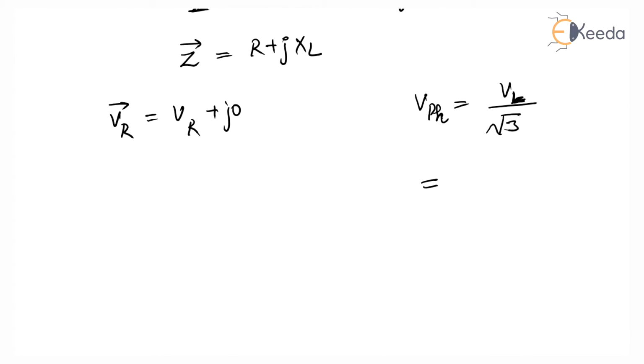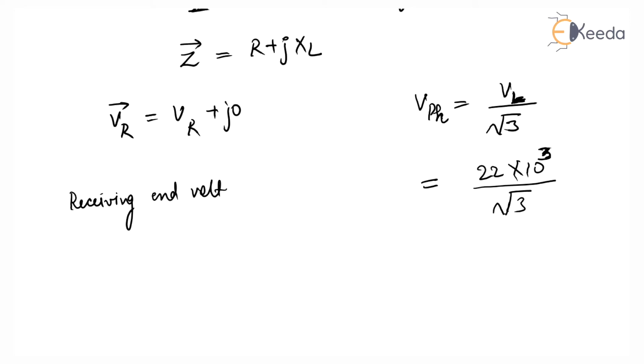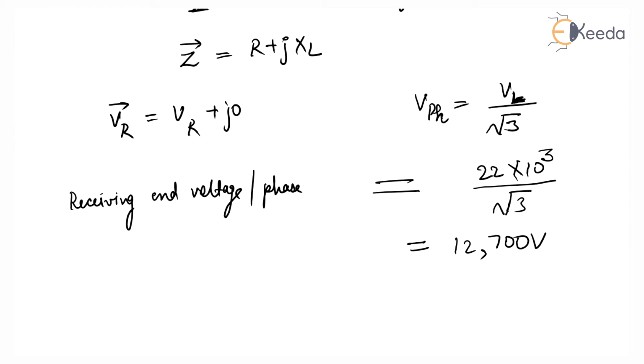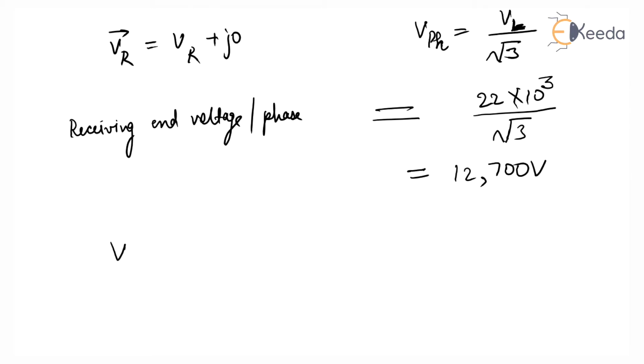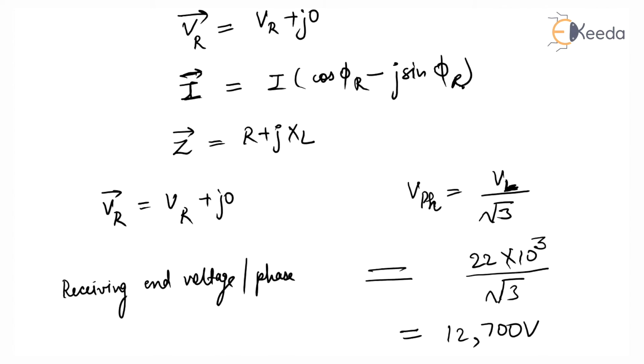So the receiving end voltage per phase is 22 into 10 to the power 3 volt upon root 3, which is equal to 12700 volt. So vector VR is equal to 12700 volt.